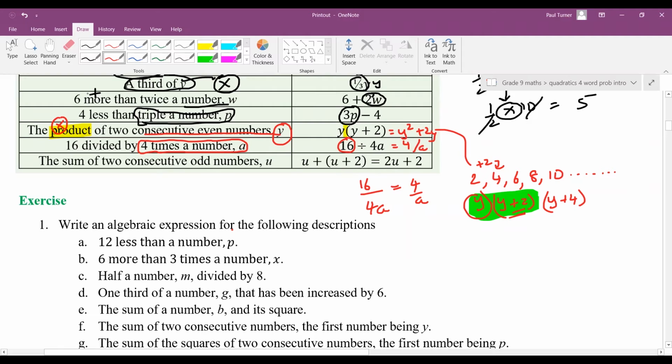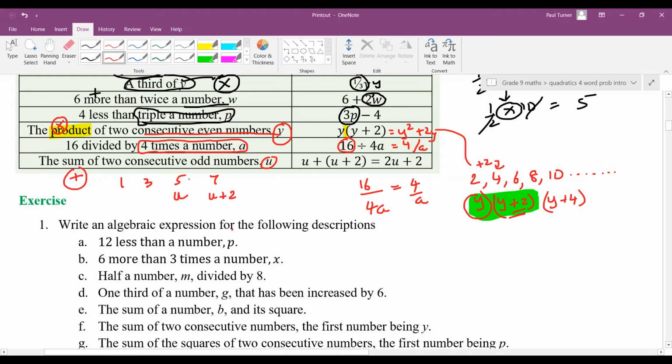Okay, so the last one, the sum of, so sum is plus, 2 consecutive odd numbers, U. So the first number is U. So consecutive odd numbers, let's say it's 1, 3, 5, 7, okay? The first one is U. It doesn't matter where you put U because you're going to get the same answer. So if U is here, equivalent to 5, the next odd number will be U plus 2.